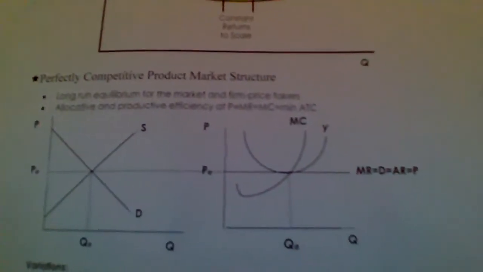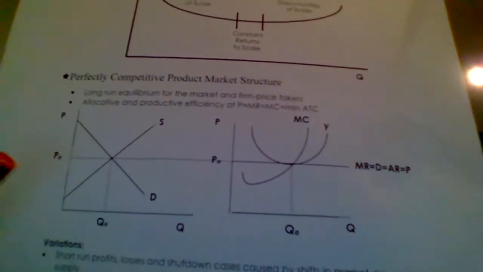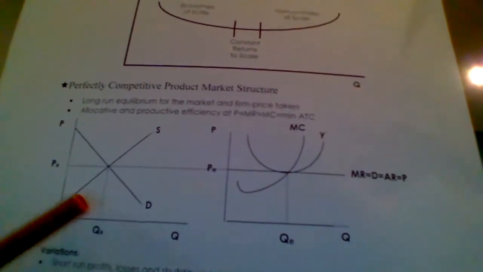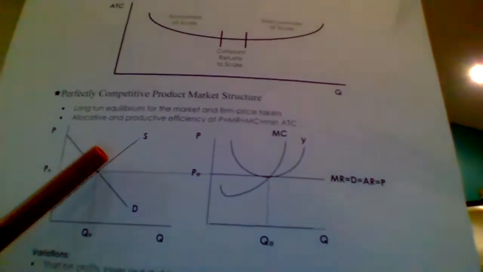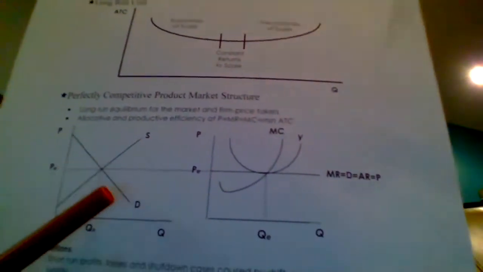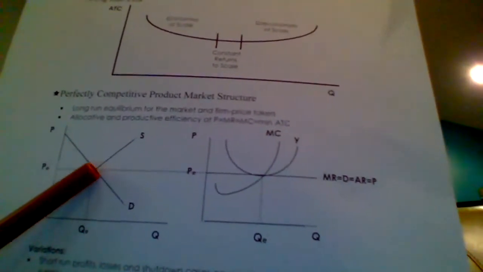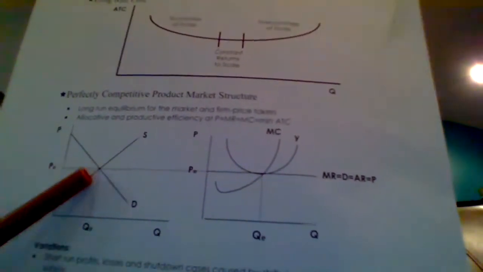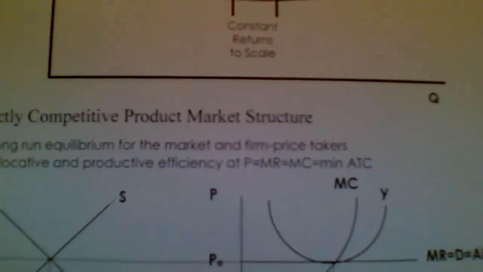So perfect comp. We have our market graph, our industry graph right here. That industry graph has our price axes, our quantity axes, and then our supply upward sloping curve, downward sloping demand curve, and our equilibrium point setting our price and our quantity in the market. Now you have to remember, key phrase, perfect competition are price takers.